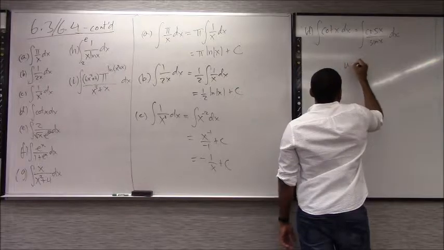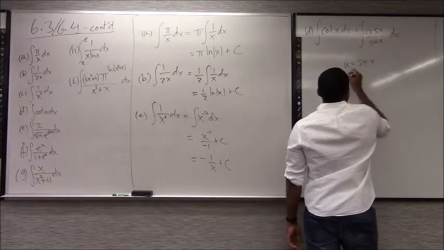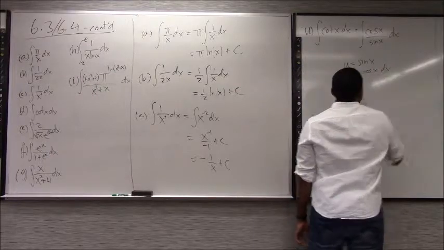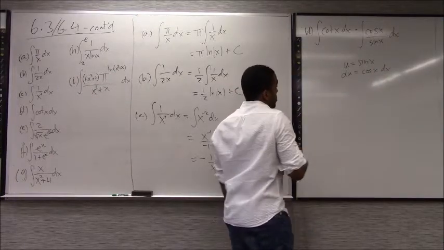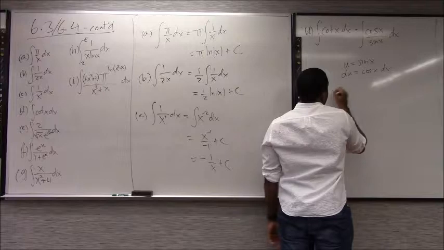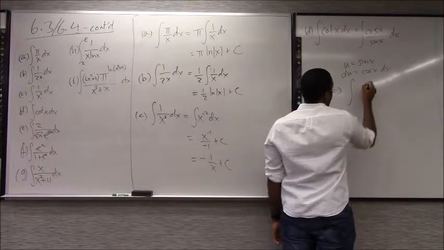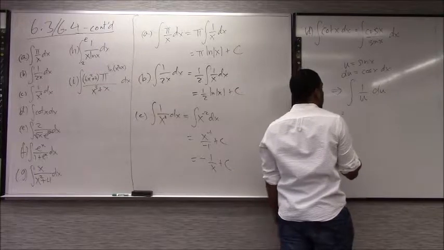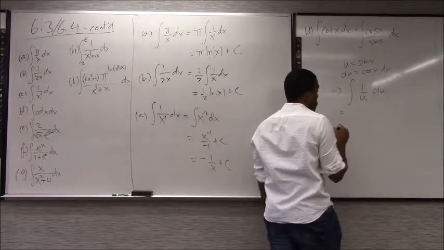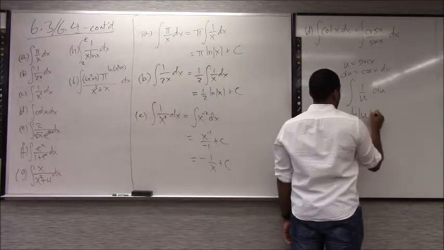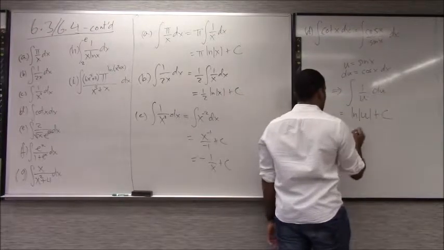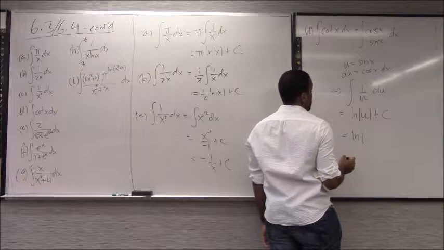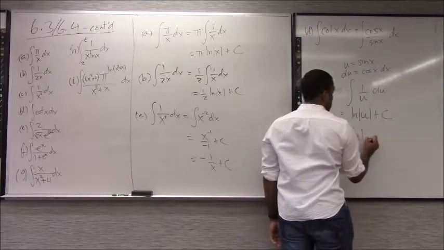Then du is cosine x dx, which is that part. So your integral becomes 1 over u du, which is ln absolute value of u plus c. So then it just becomes ln of absolute value of sine x.